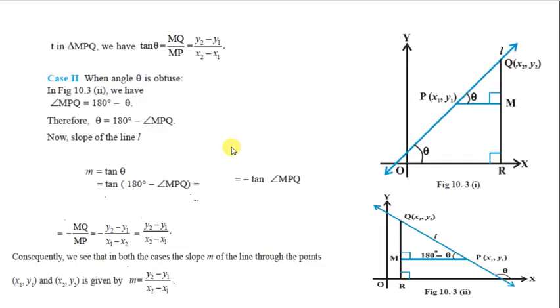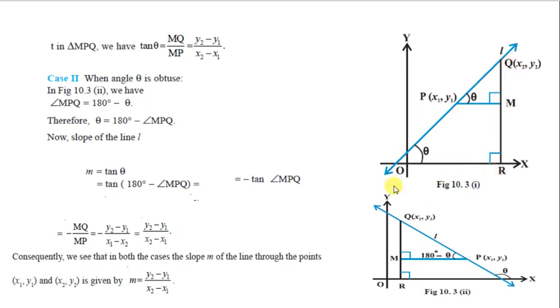Now, how to find the slope of a line joining two points P(x1, y1) and Q(x2, y2)? For this, we draw a perpendicular from Q on the x-axis and PM perpendicular on QR.